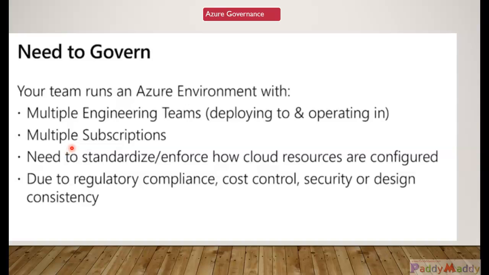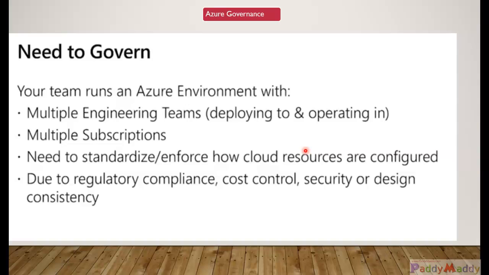Let's say you have a subscription for engineering team 1, and also you may have another subscription for engineering team 2 or DevOps team 1 more. If you have two, three or such different subscriptions, maybe everybody creates their own resources on their own standards, but they're not following one standard that can govern all of these.